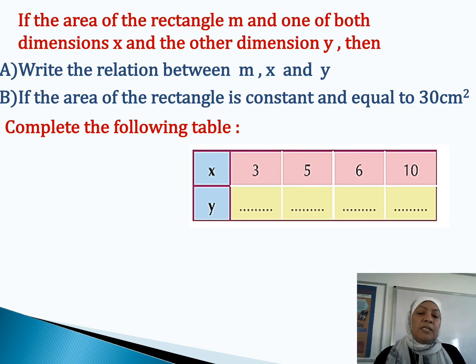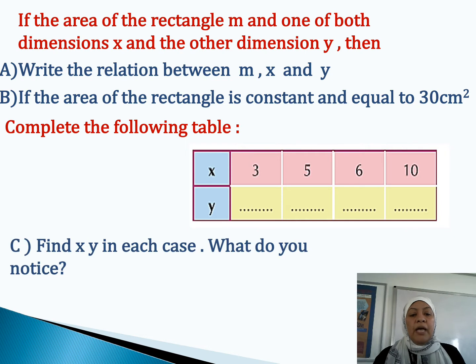Why? Because M, the area, equals 30. Find x, y in each case. We already did it. What do you note? We note that xy equals 30, which means M equals xy.